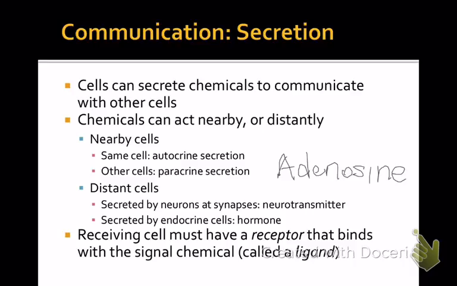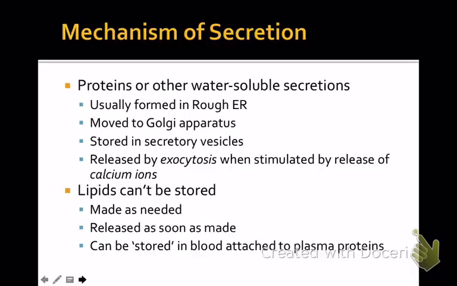So how important is chemical communication? It's pretty darn crucial. Okay, so mechanisms of secretion. If it's a protein or another water-soluble chemical that's too big to use a channel, then chances are you're going to make it, if it's a protein, in the rough ER.